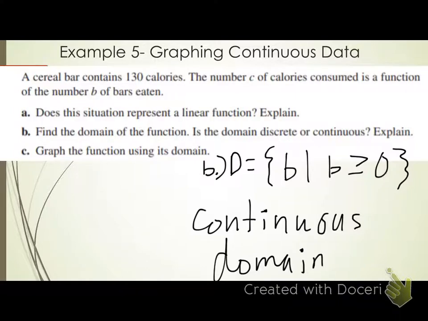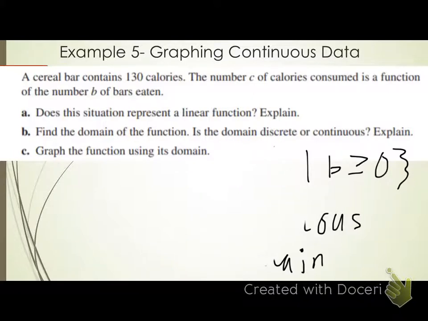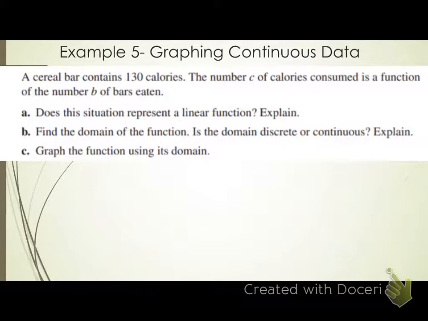So there's letter A, there's letter B. Now it says I need to graph the function using its domain. So I'm going to do something similar to what I did on the previous example. I'm going to make a table of values, and I'm going to use only whole numbers. So I'm going to use 0, 1, 2, 3, 4. And that should give me enough points on my graph to be able to create my line.